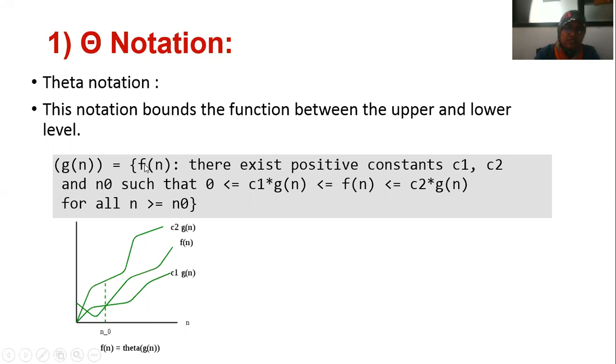If f of n is a function of theta of g of n, then the value of f of n will lie between c1 of g of n and c2 of g of n, where c1 of g of n and c2 of g of n are the lower and upper bounds of the function. The value of the function f of n will lie between the upper and lower bound. That is why we say that the notation defines a function between the upper and the lower level.